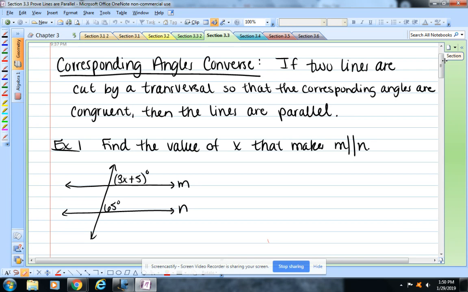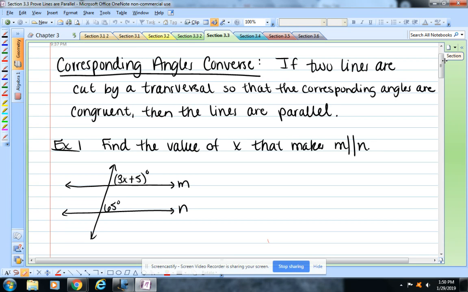They're corresponding, right? Well, the corresponding angles converse postulate says if these corresponding angles are congruent, then the lines are parallel. So, to find the value of x that makes that true, how do you think I would do that?